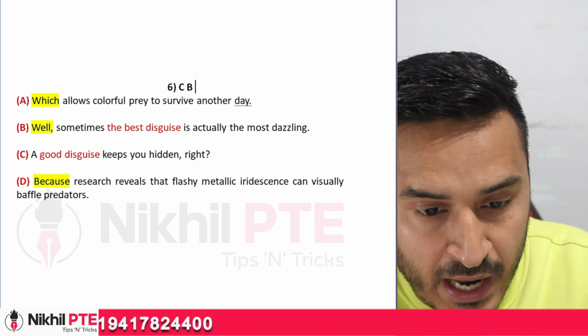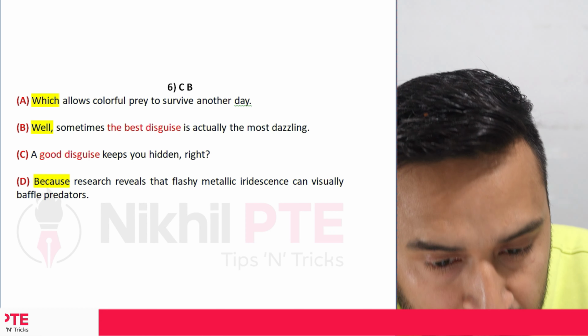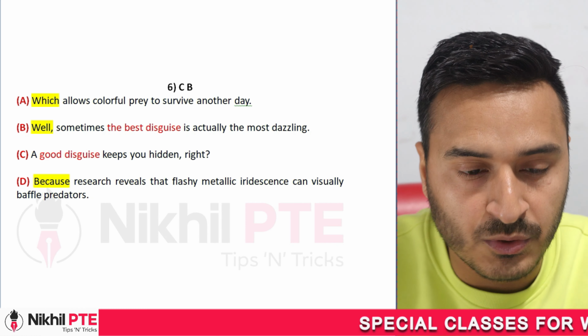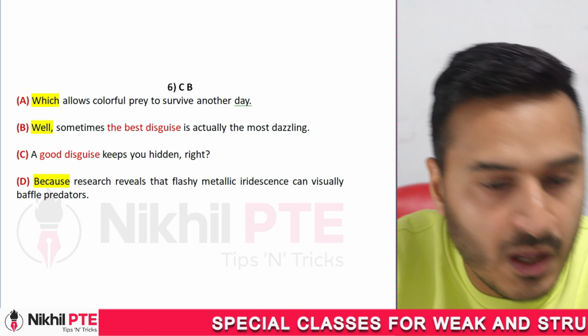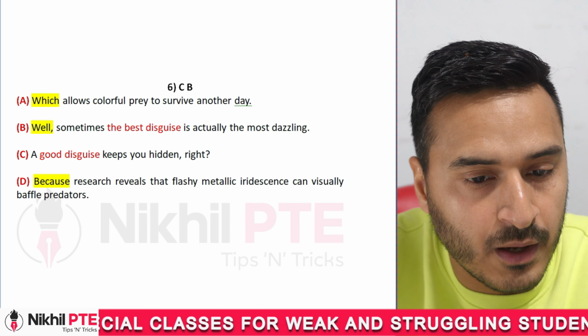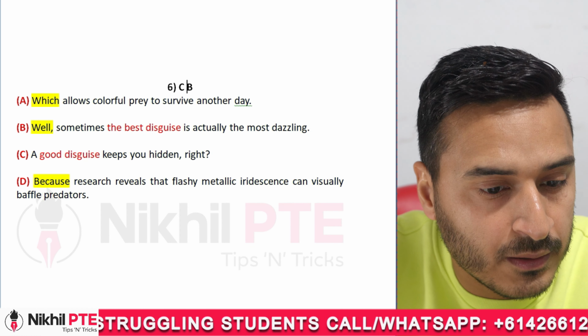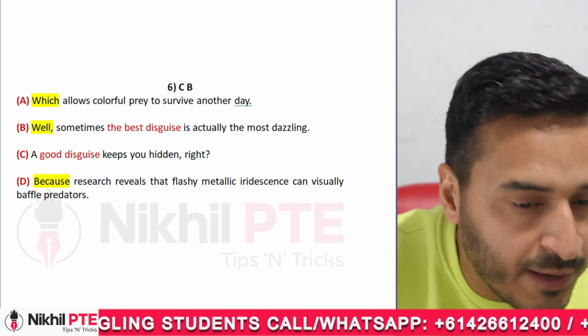Because the research read that flashy, metallic iridescence can visually baffle predators. So here we are totally confused. What will come after C, after B? If D will come or A will come, something happened. If we put A, does it make sense? I don't think so. So we are left with only D. Answer is C, B, D, A.